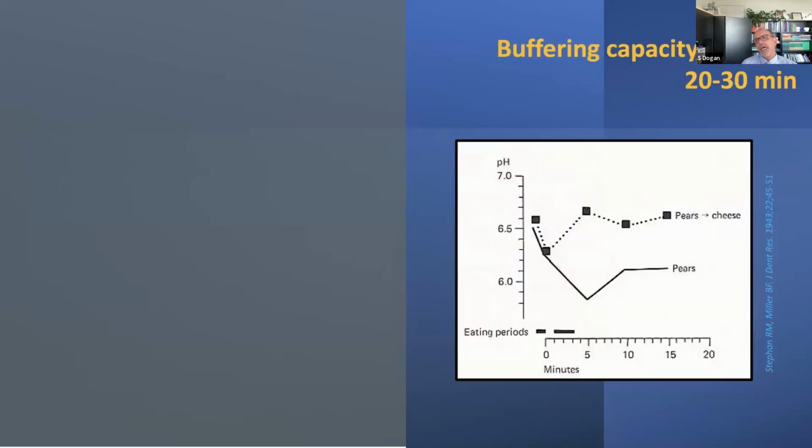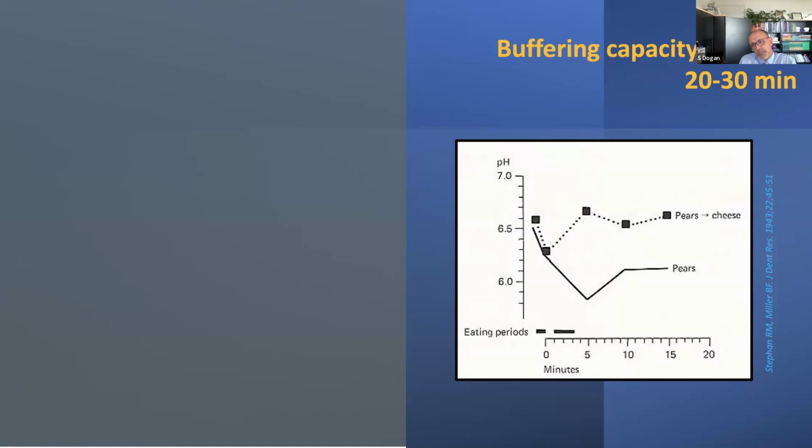Now, in healthy saliva, when we eat sugary stuff, the pH drops immediately below 6. And then they did some studies. It's a very old study. We learned from them a lot in the 40s. They gave one group the pears, the other group the pears and cheese, and they compared the buffering capacity of saliva.